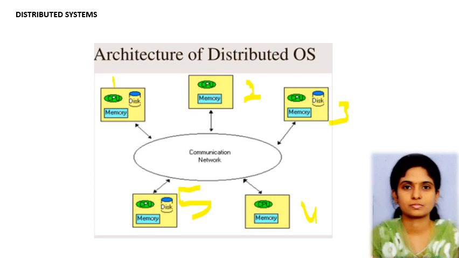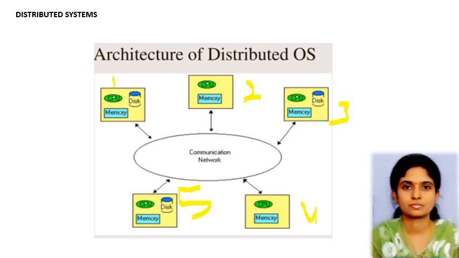It also reduces the load on the host computer and reduces the delays in data processing. One more main advantage is that if one site fails, like if one of the nodes fails in the distributed system, the remaining sites can continue operating without any effect. So that is a major advantage of these distributed systems.